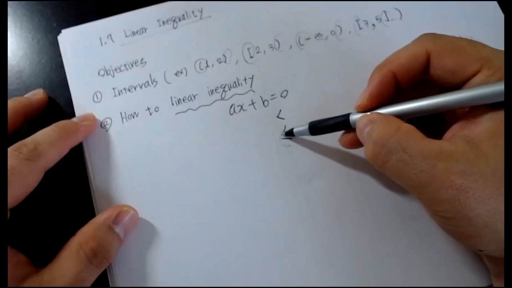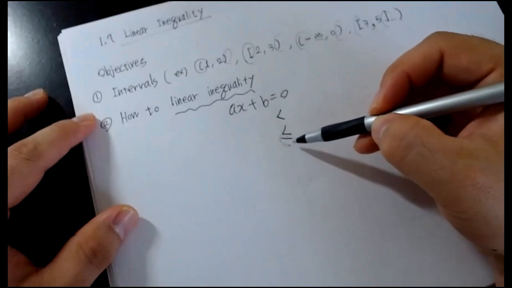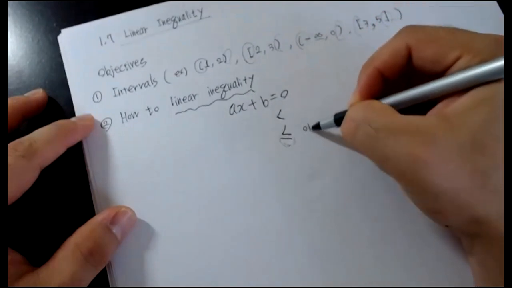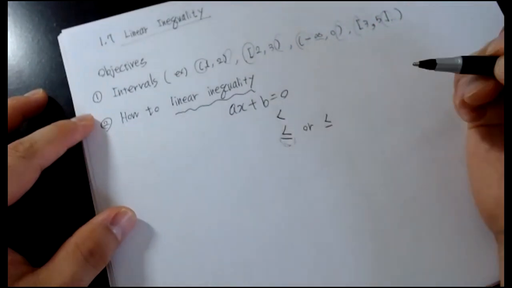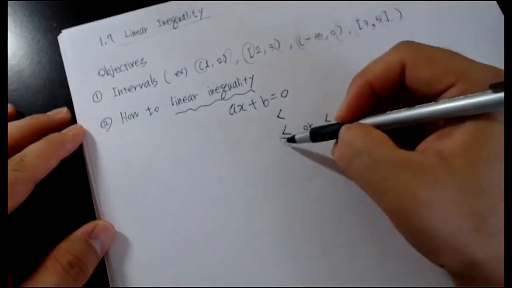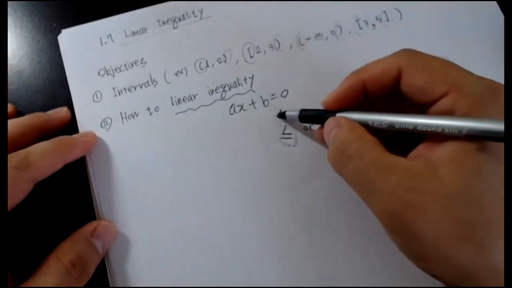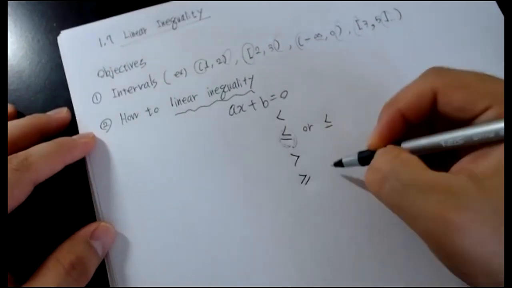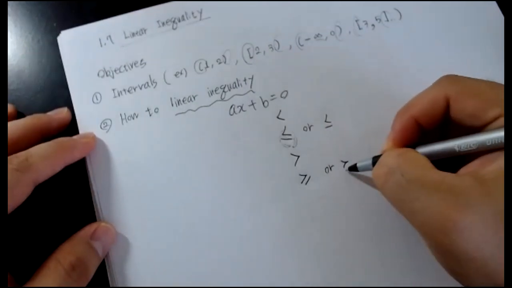Some textbooks use one symbol, some use another, but either one is just fine. But I prefer to use this one. Less than or equal, greater than, and greater than or equal.